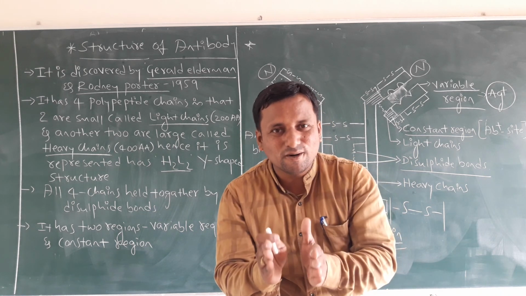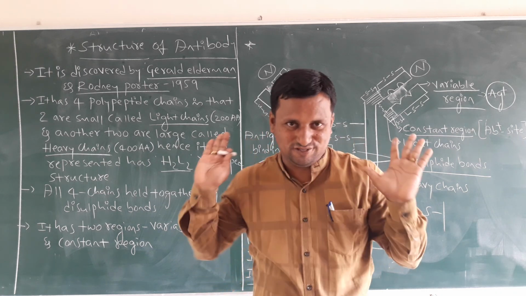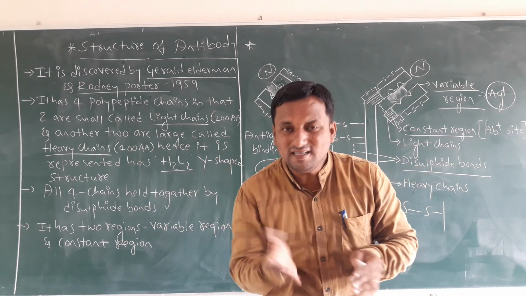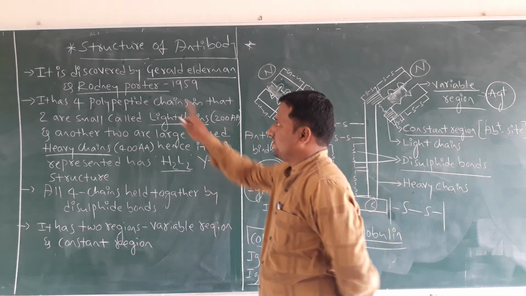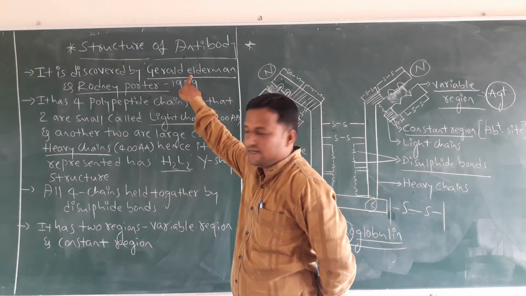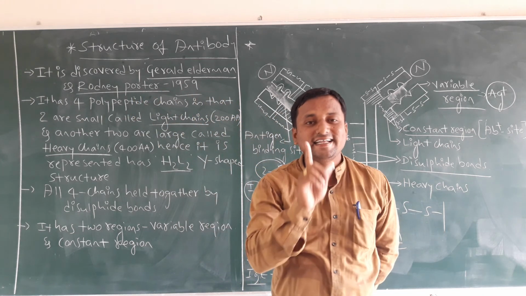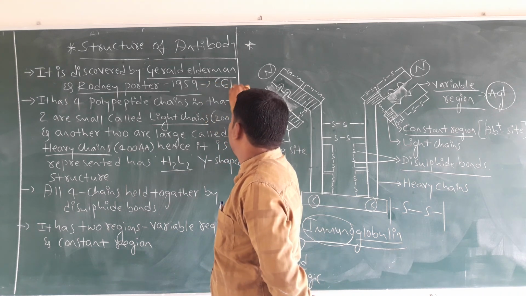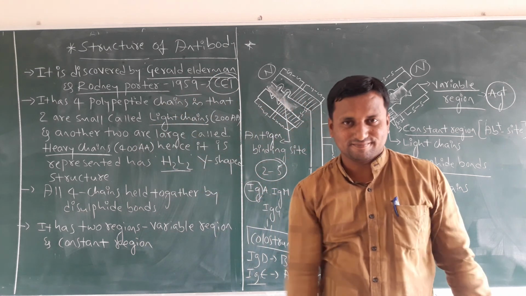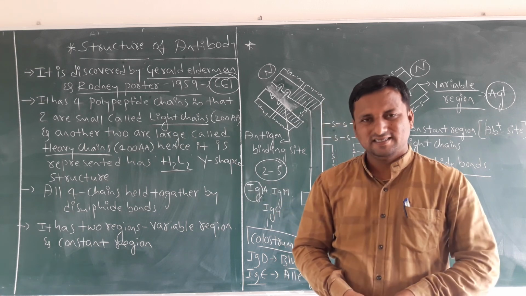What is an antibody? An antibody is a protein compound which is responsible for immunity. Is it clear? Then come next. Edelman and Porter, in the year 1959. You must concentrate on this for the CET; at CET level it will be asked more. Okay, then come next.